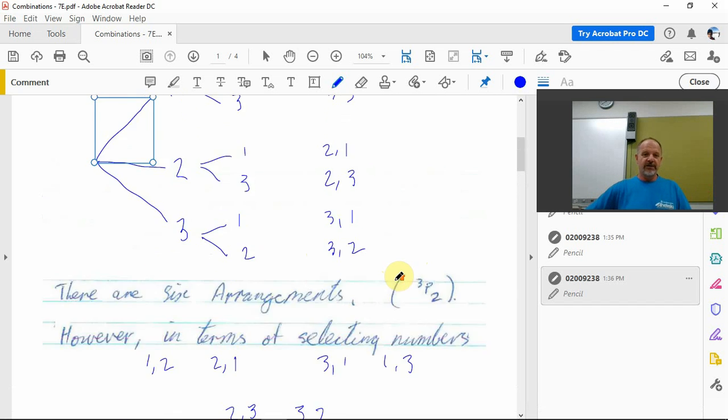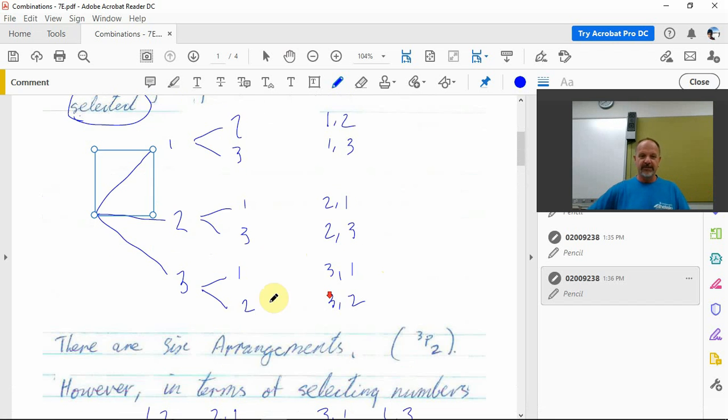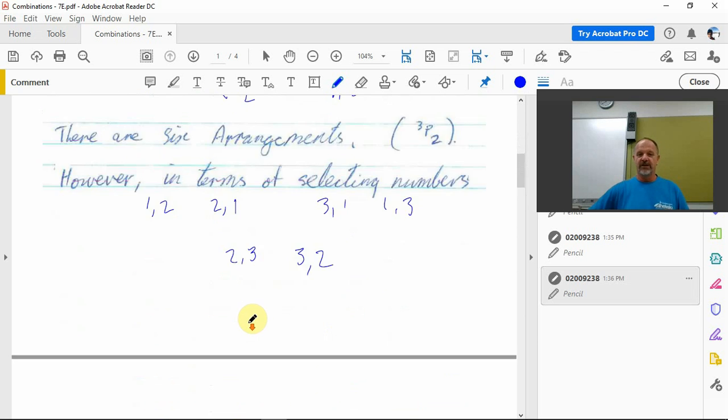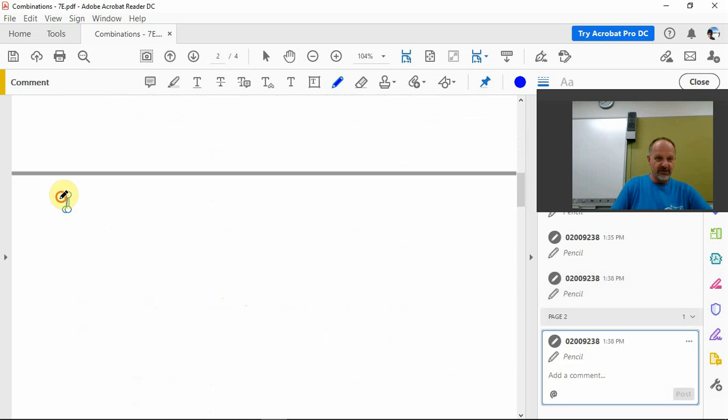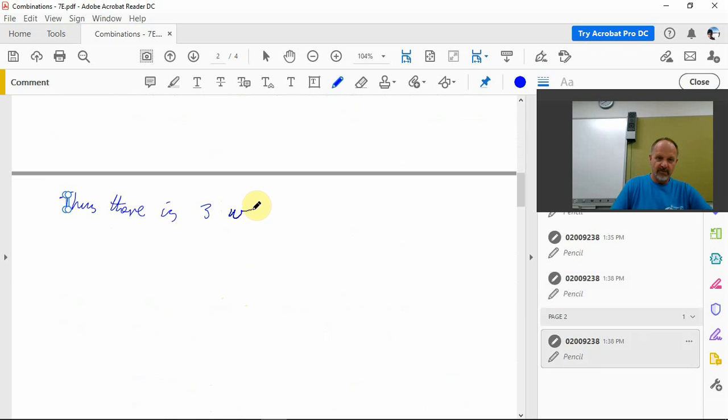So in terms of selections here, there's not 6 selections, there's 3 selections. There's 6 arrangements but 3 selections. So thus there's 3 ways we can select 2 numbers.